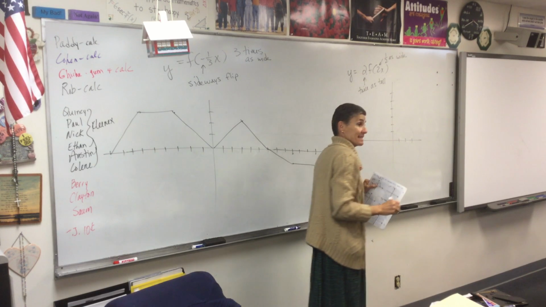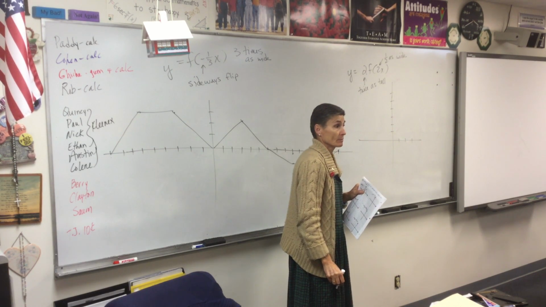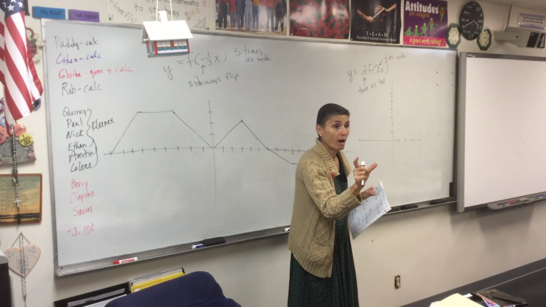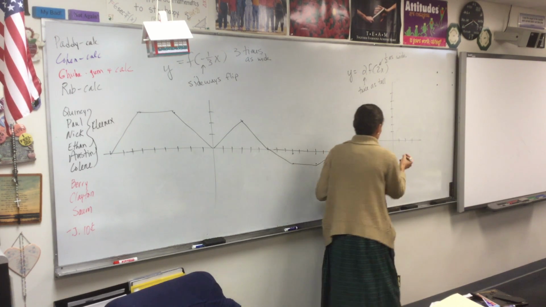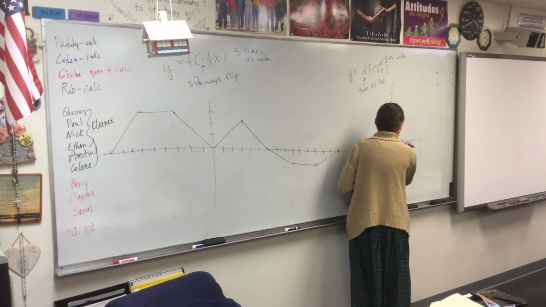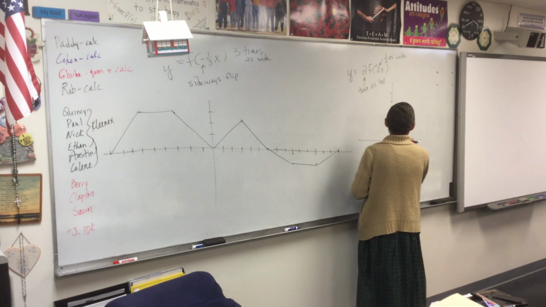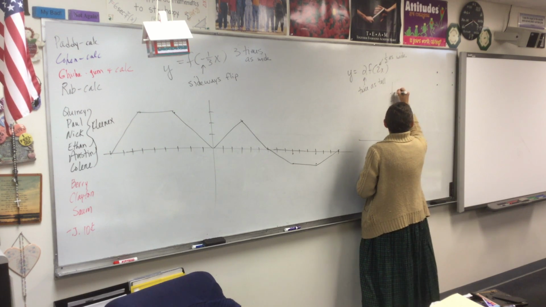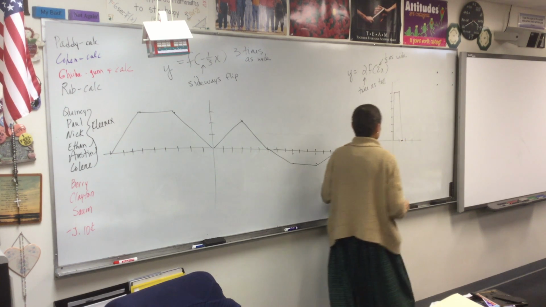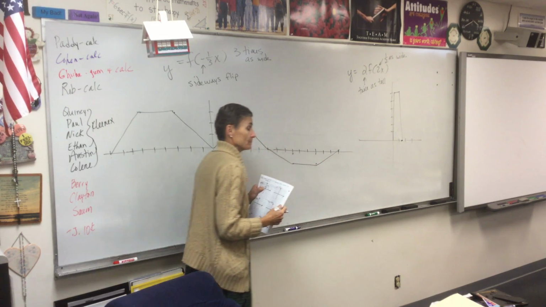It's going to go up to 6 now. But instead of being 3 wide, it's only going to be 1.5. So there's the end of it right there, 1.5. This guy is very tall and skinny. So there's my tall, skinny trapezoid.